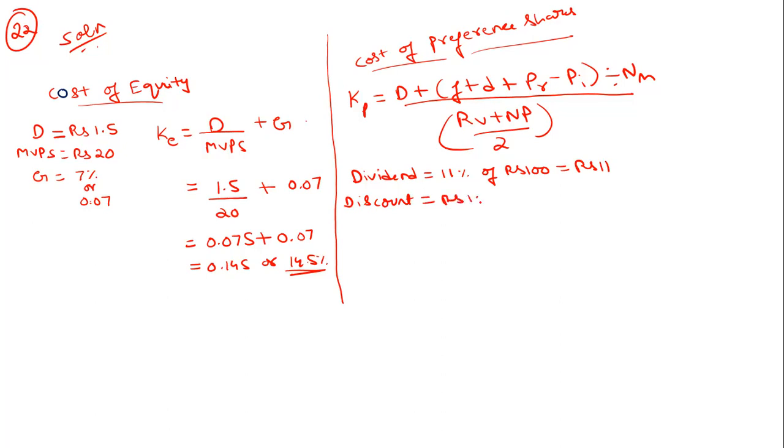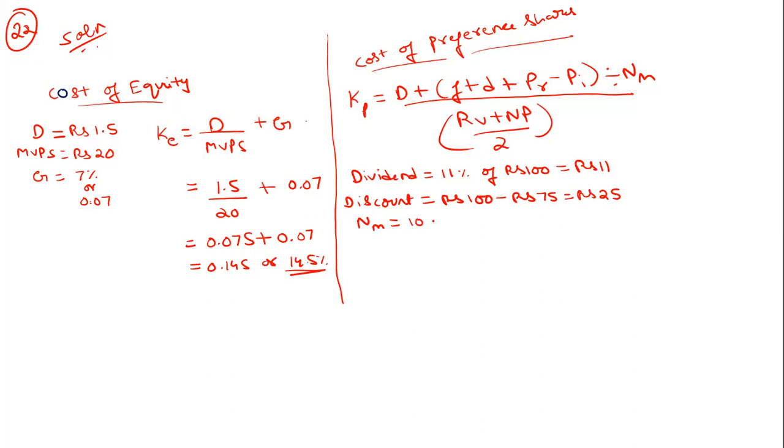It was supposed to be 100, but it is trading at 75, so you call rupees 25 the discount. Do we have a premium on redemption or issue? No, sir. So NM is equal to 10 years.